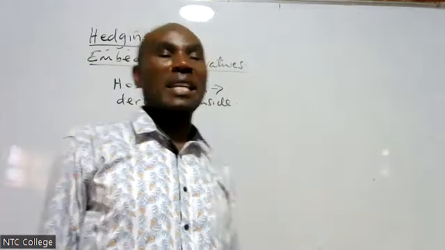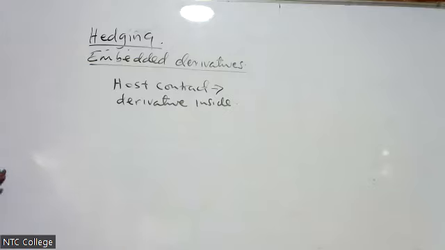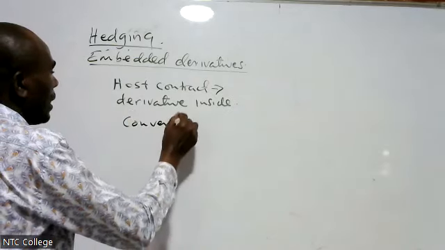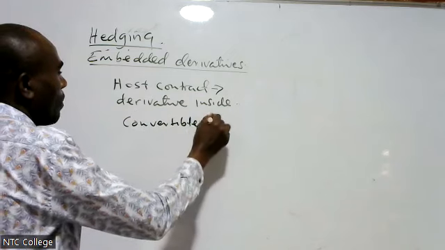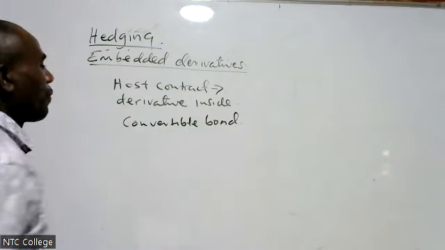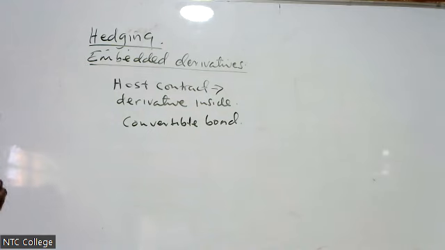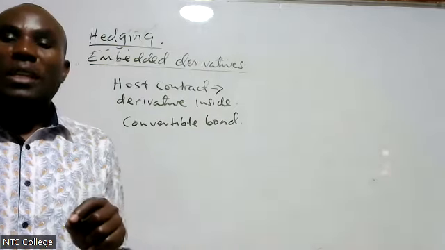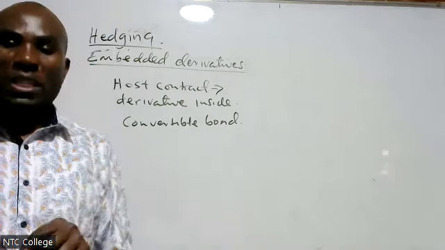An example of an embedded derivative is when we have a convertible bond. Remember yesterday, we were just looking at bonds, but now I have changed the view to a convertible bond.